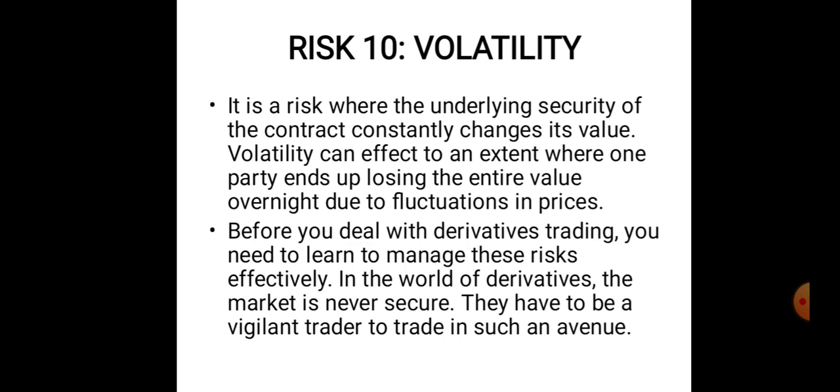If it changes very rapidly, then it is also one type of risk. Volatility can affect to an extent where one party ends up losing the entire value overnight due to fluctuations in prices. If volatility happens, then of course the share prices will also vary, right? If those variations take place, then it's a big problem for the investor.